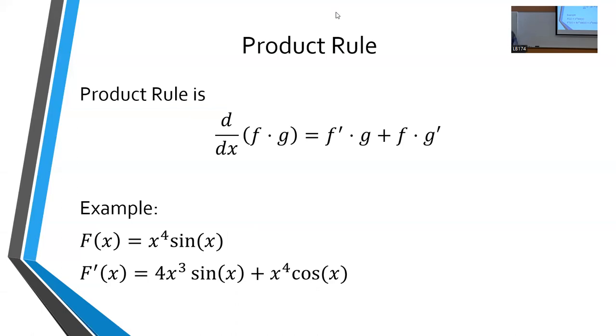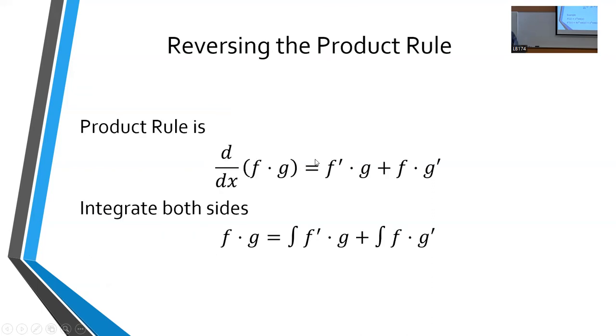So what we're going to do is take this product rule and simply integrate both sides. If I integrate this side, we're going to leave off the plus c's because those will be absorbed. If I integrate this, you integrate the derivative, you get back just f times g, right? If I integrate on this side, since there's two terms, I can integrate each term separately.